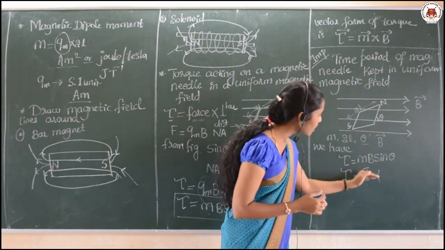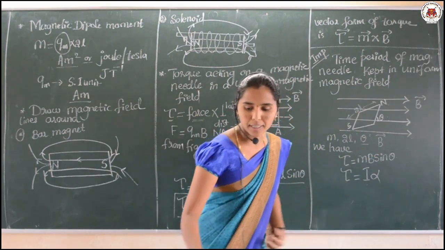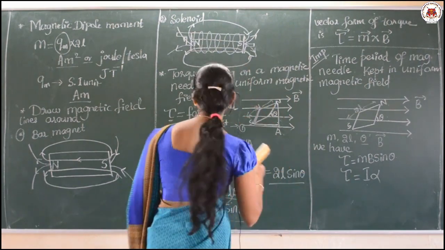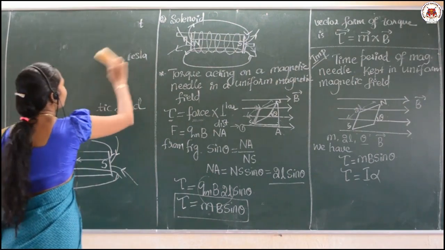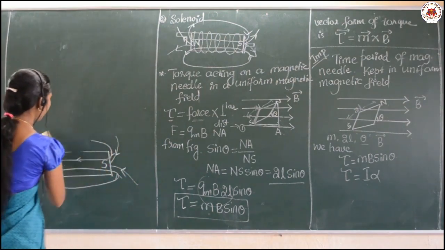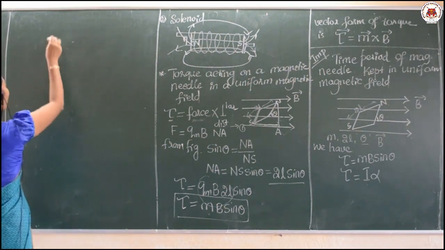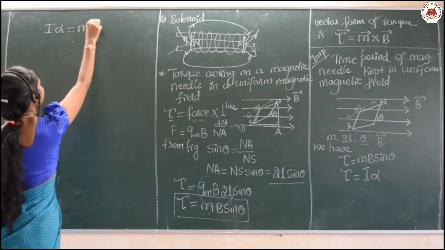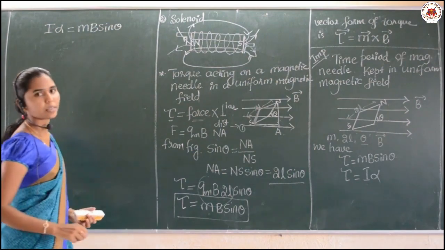Then by seeing these two formulas, the LHS is same only. That is why when you compare both equations, the torque is mB sin theta and the other one is I alpha. Therefore, I alpha is equal to mB sin theta.